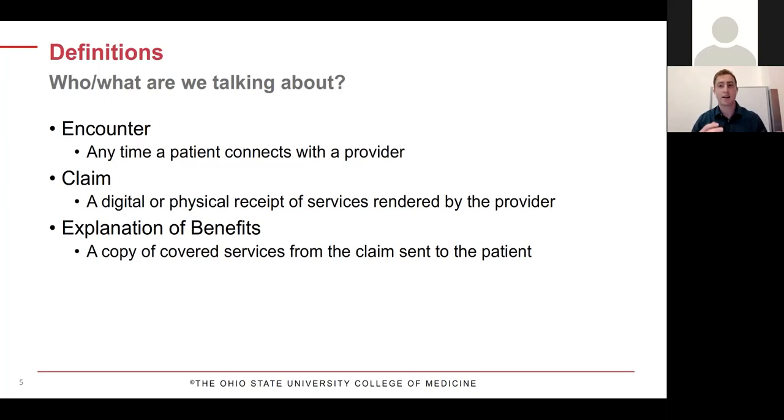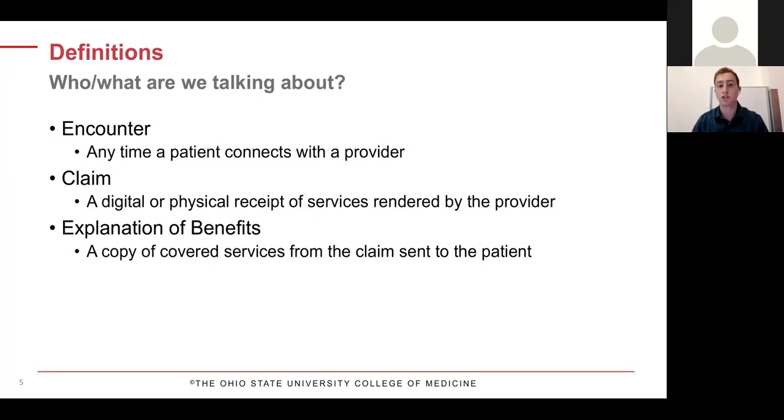That's kind of the bridge between a provider and a payer is this claim. And similarly to the medical record, that is kind of what's written in stone in terms of, okay, here are the services that were rendered, here's who the procedures were done for or on, and ultimately who was involved in the care and who should be paid for these services.